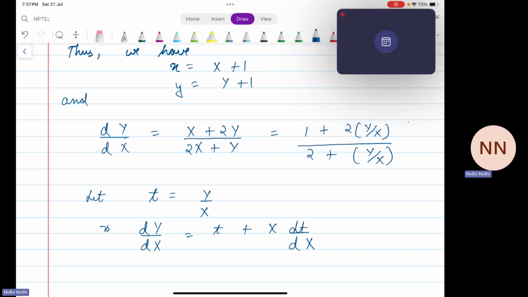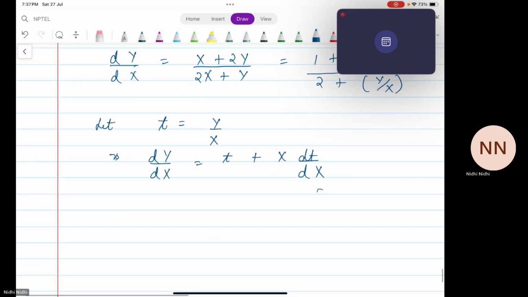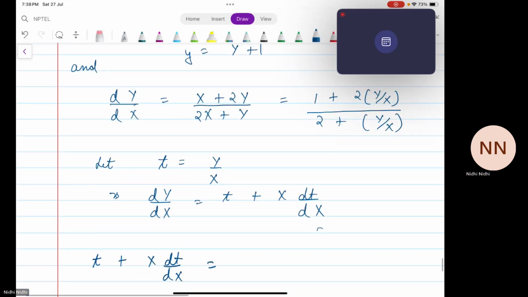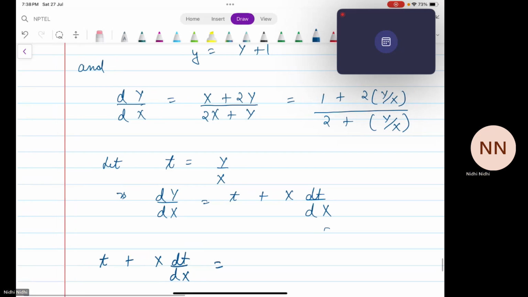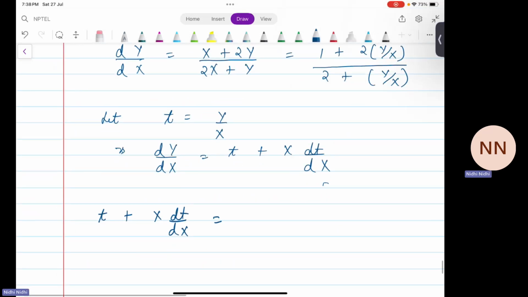Now using the value of dy by dx in terms of t and putting it here, we get t plus x dt by dx is equal to (1 plus 2t) upon (2 plus t).